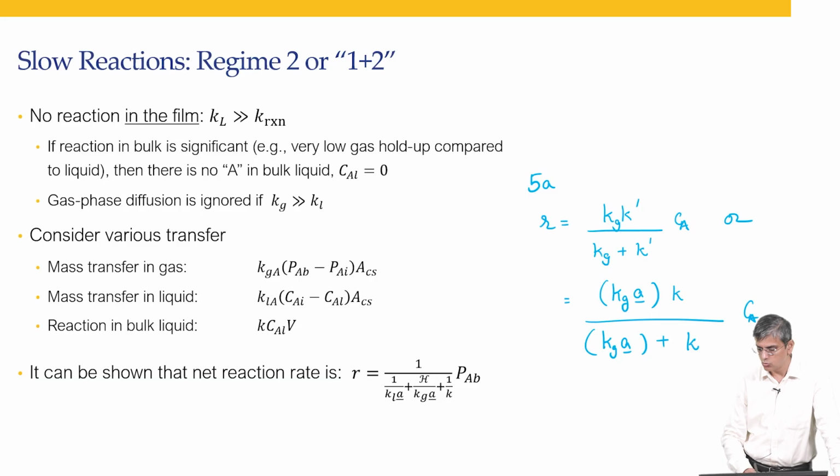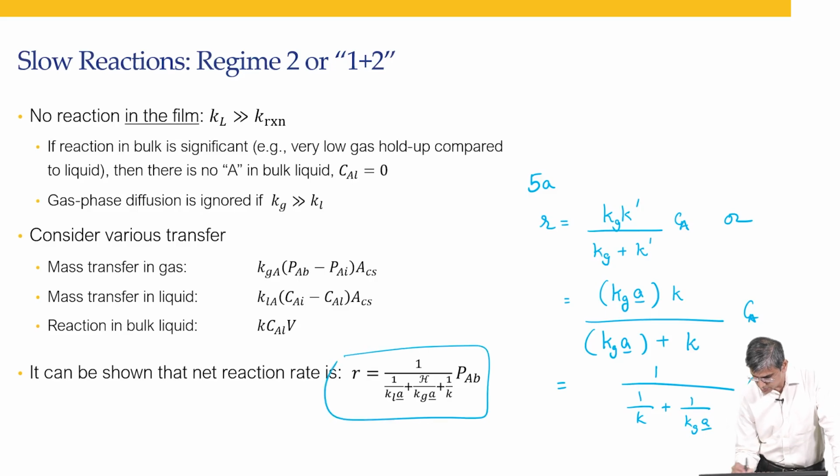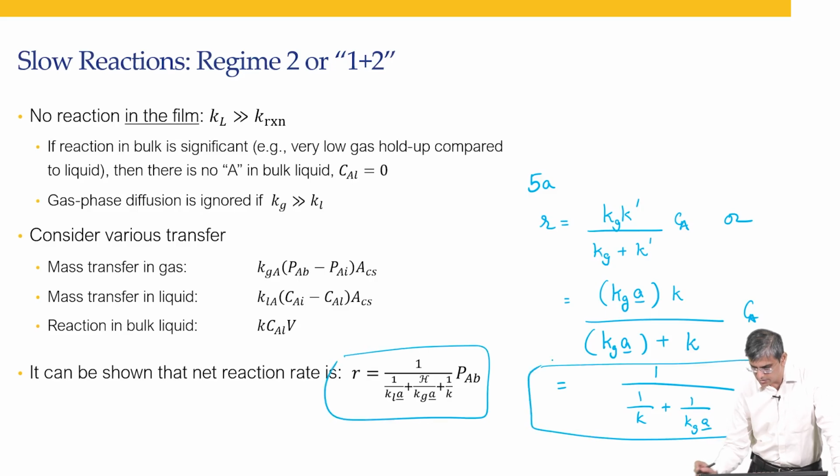You divide throughout by kg A bar, and you are going to get 1 divided by 1 by K. This and this have the exact same type of representation. The only difference is that in module 5 you had only one film, which was the gas film.